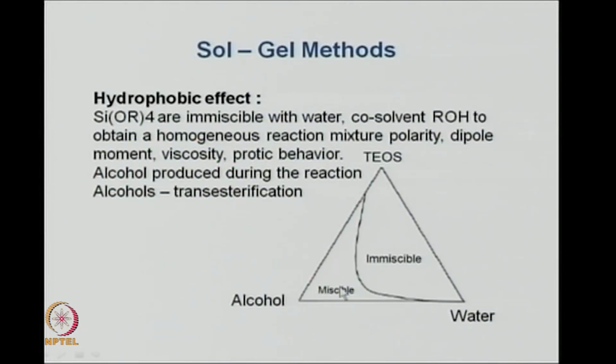So, it is important to know the concentration of your silane and water and alcohol. For a particular alcohol you will have a particular phase diagram. So, knowledge of these ternary phase diagrams is important to design a particular system for proceeding with your sol gel method. And these solvents, their polarity, their viscosity, their protic behavior, they all will be important to understand the sol gel process.